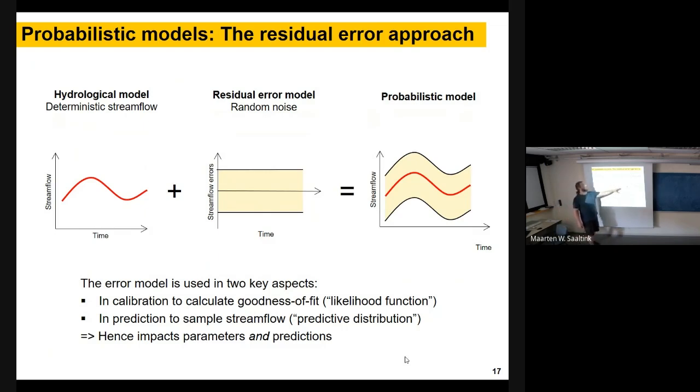And then we're going to assume what is called an error model, or a residual error model, which essentially is going to be describing the uncertainty around the prediction of this model. In this particular case, I've made a very simple assumption, which is that this uncertainty has a constant variance, and so then our error bands are also going to be of constant width.